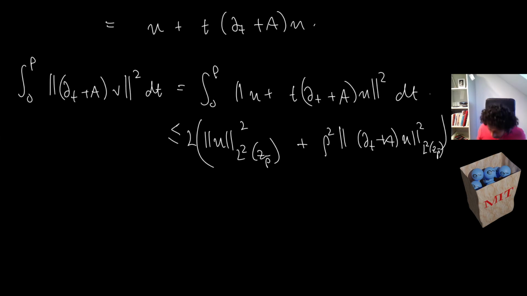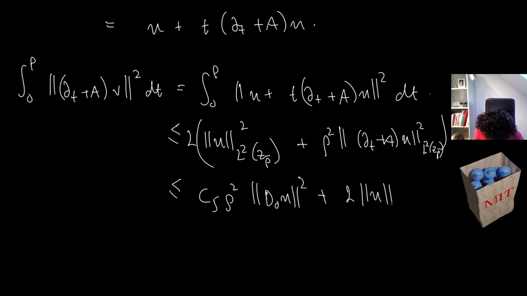And now I want to change this to d naught, and that's just again using the boundedness of the sigma naught, right? So this is now going to be 2, some other constant, C5 say, okay, so I'll have C5 rho squared d naught of u squared plus 2u L2 Z rho.